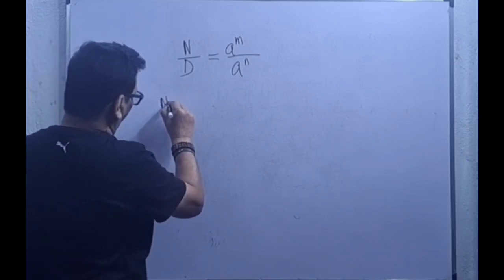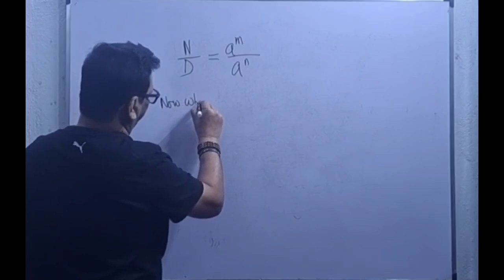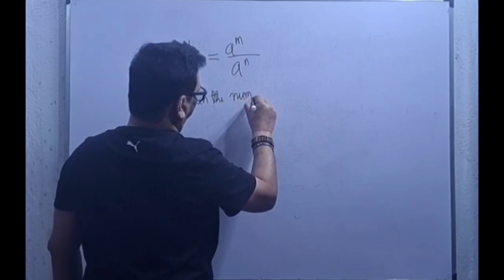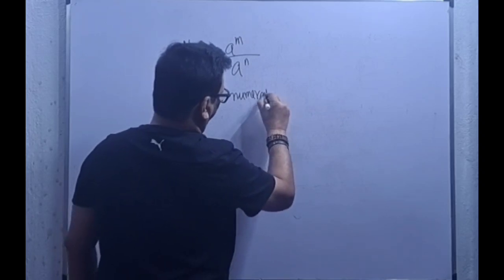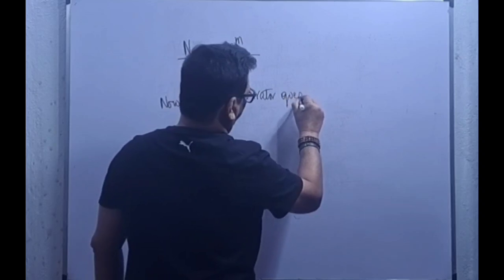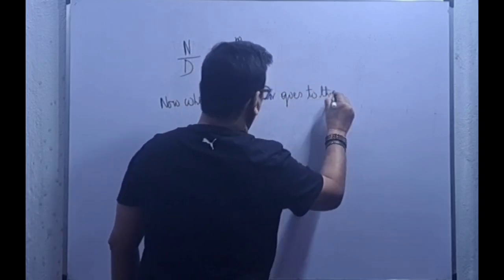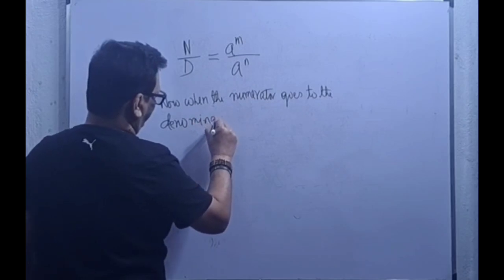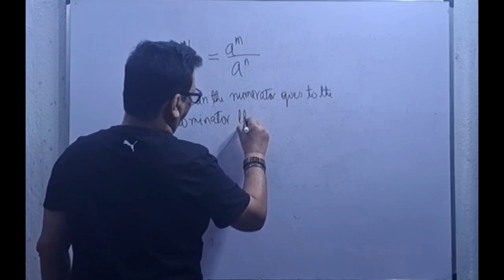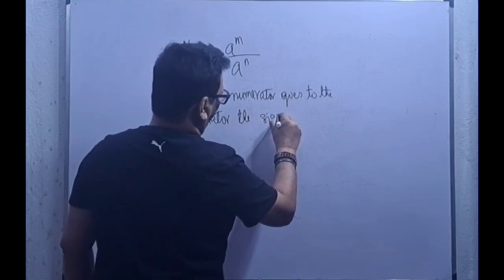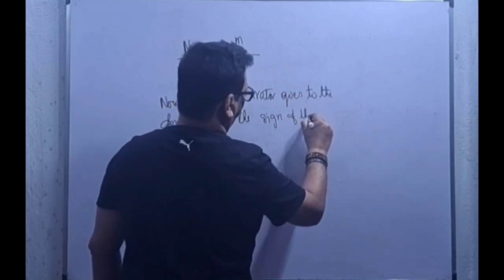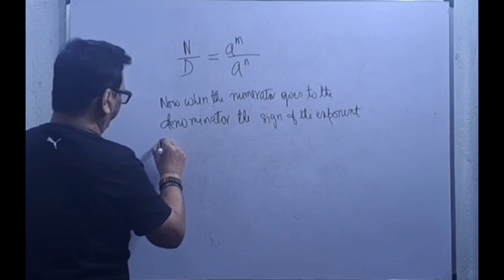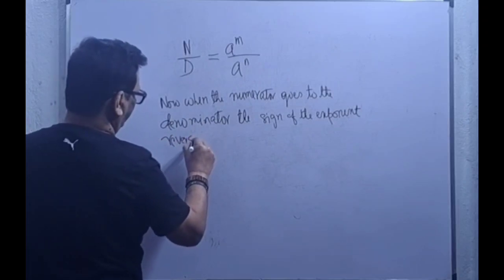Now, when the numerator goes to the denominator, the sign of the exponent reverses, right?